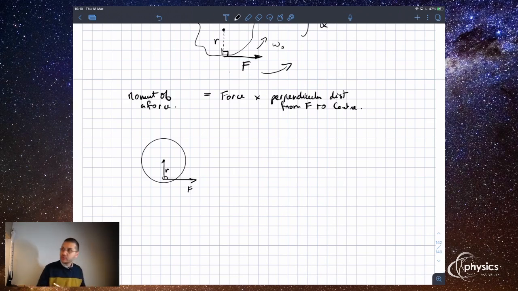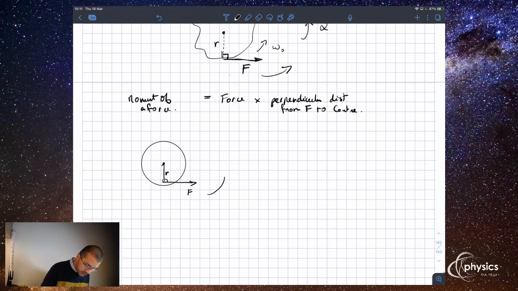There is a moment of a force, because we have force times perpendicular distance. Alright, so you have a moment of a force, therefore you will have an angular acceleration as usual. In fact, it will start rotating on itself.